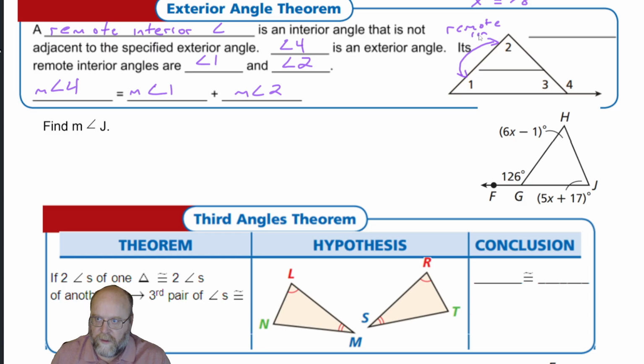Remote interior. This is an N. And this is a remote exterior. No, it's just an exterior angle, not a remote. Exterior angle.